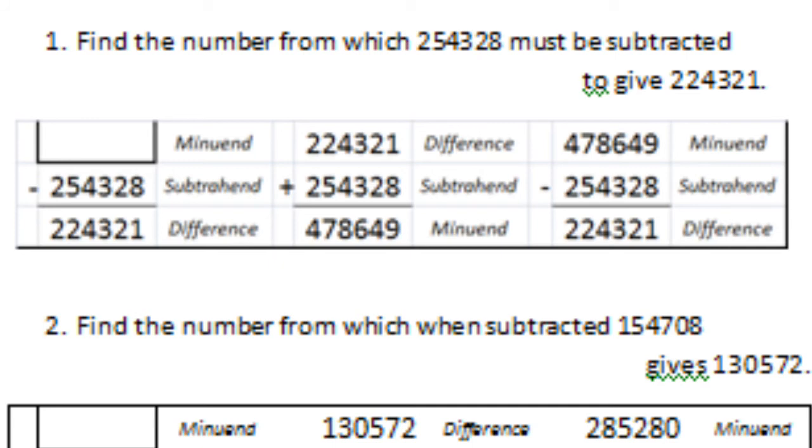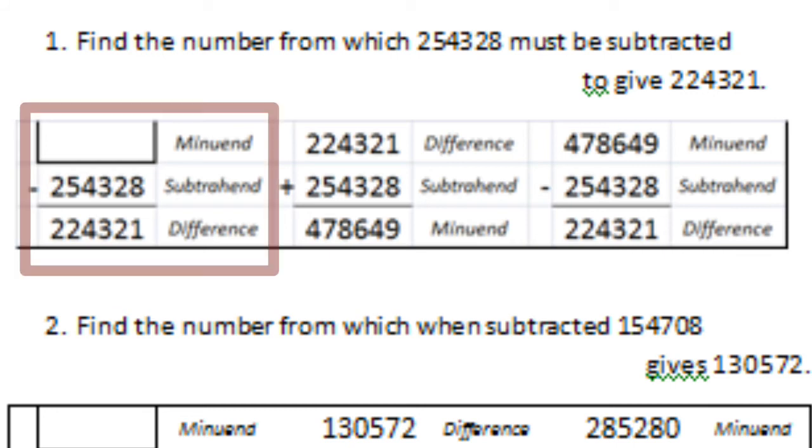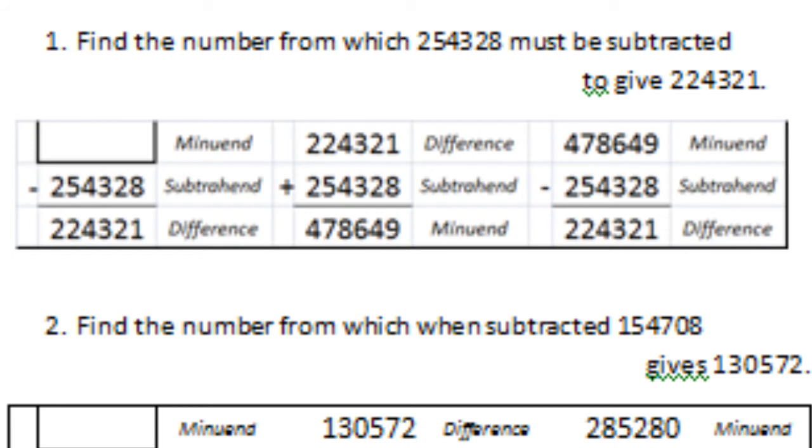Now see the next question, question number 1. Find the number from which 2,54,328 must be subtracted to give 2,24,321. Here the minuend is not given.